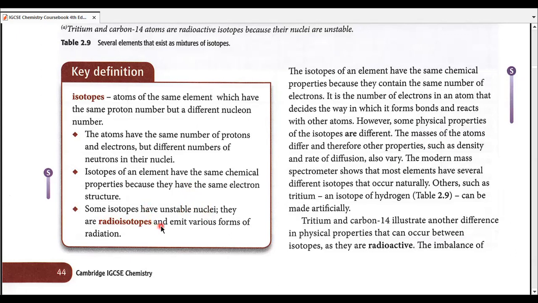These are the ones for which I was using the word radioactive isotopes or radioisotopes. They emit various forms of radiation. Let's discuss it a little bit more. Isotopes of an element have the same chemical properties because they contain the same number of electrons. The number of electrons in an atom actually decides how it is going to react with other atoms, how it is going to form bonds.